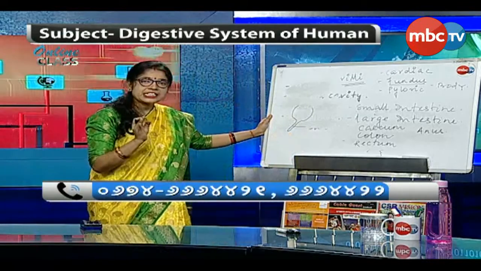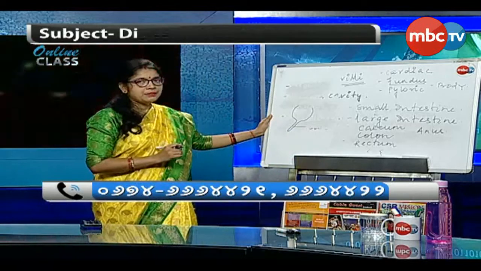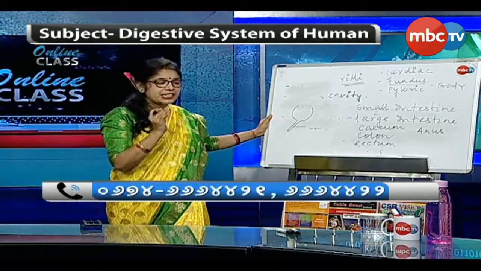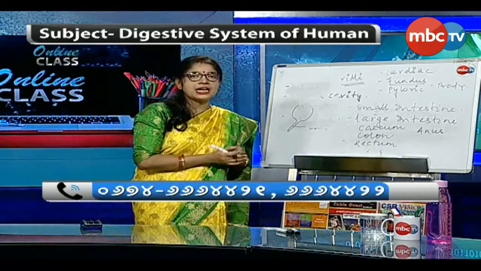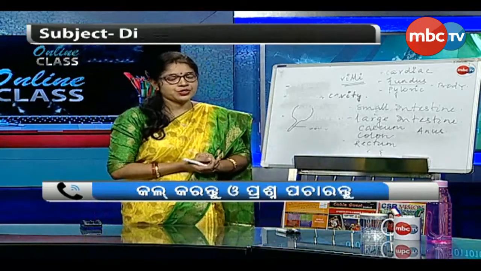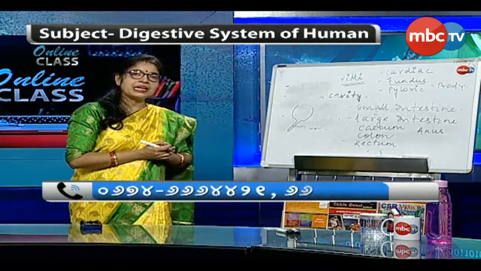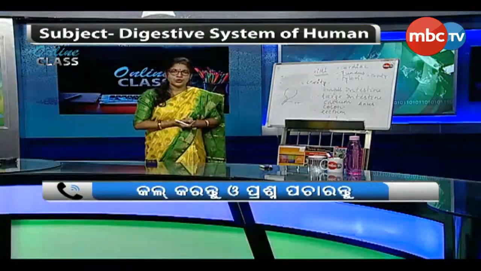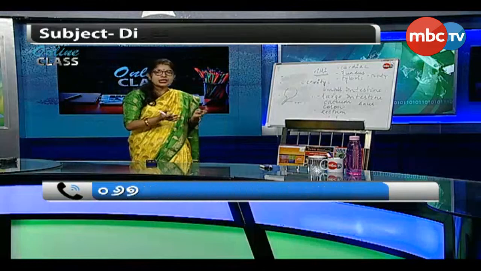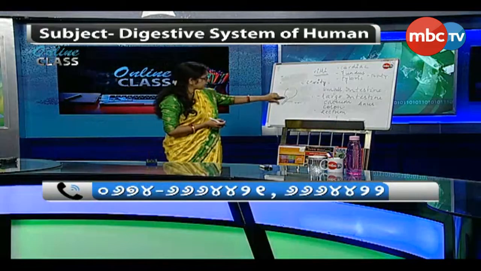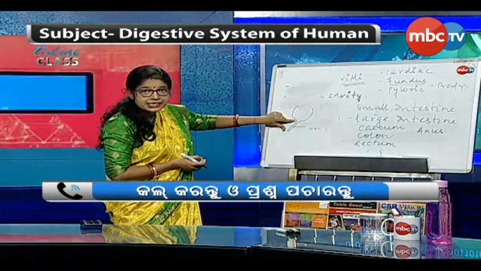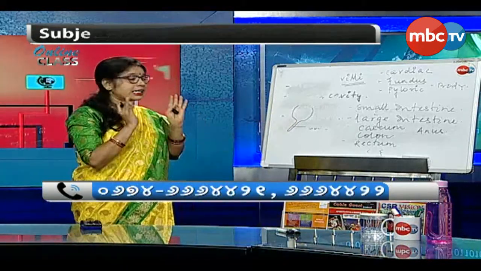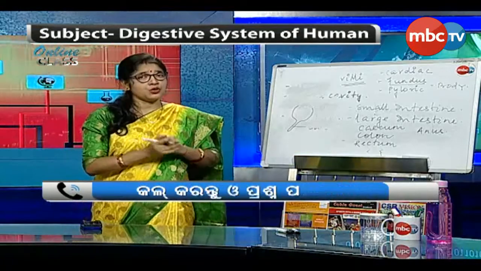The appendix is a vestigial organ. What do you mean by vestigial organ? This organ was functional in herbivores, because herbivores mainly consume plant materials having cellulose, but in our case, as we are omnivores, the appendix is non-functional. It never participates in the digestion of cellulose.